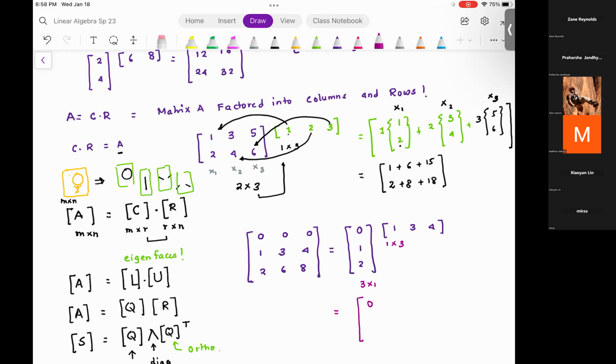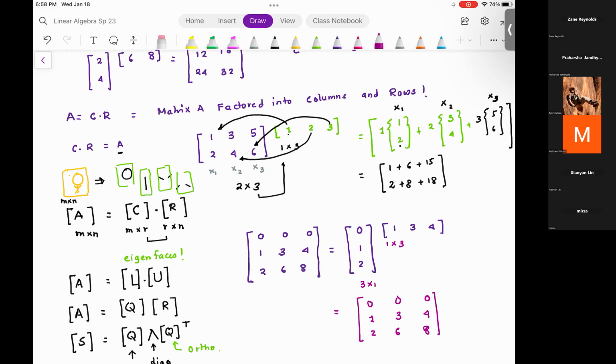First row, second column, 0. First row, third column, 0. Second row, first column, 1. Second row, second column, 3. Second row, third column, 4. Third row, first column, 2. Third row, second column, 6. And third row, third column, 8.